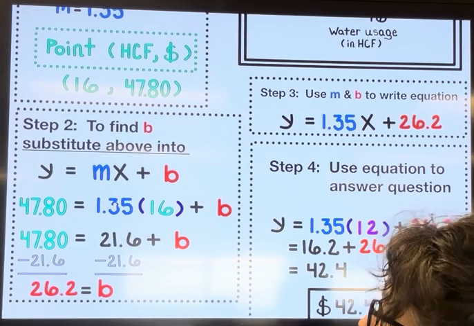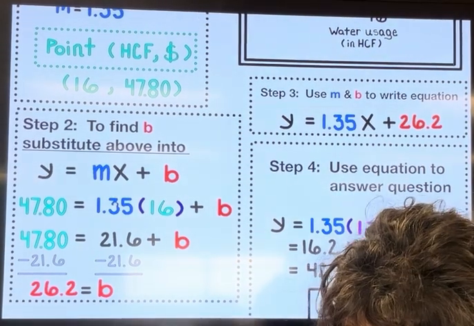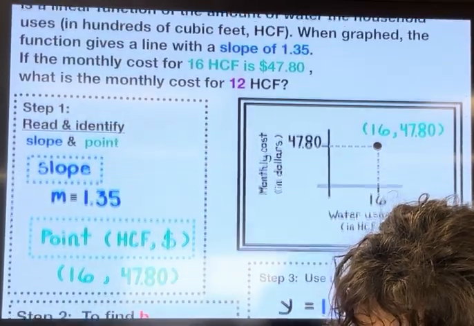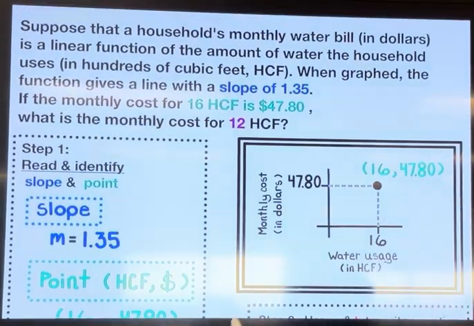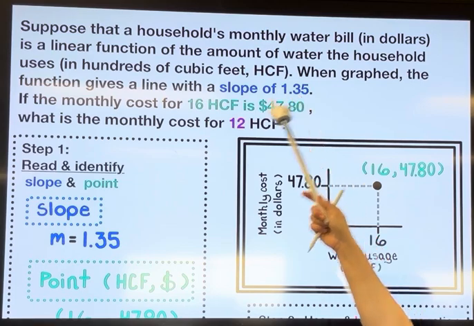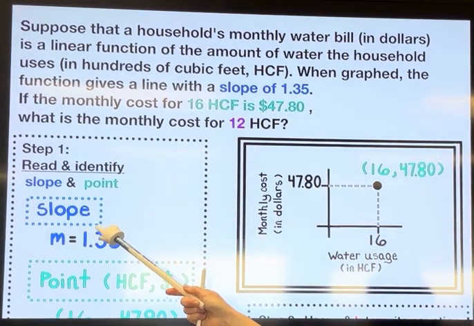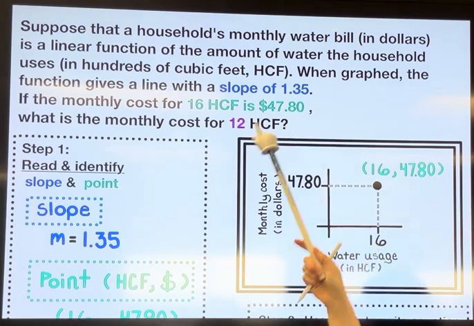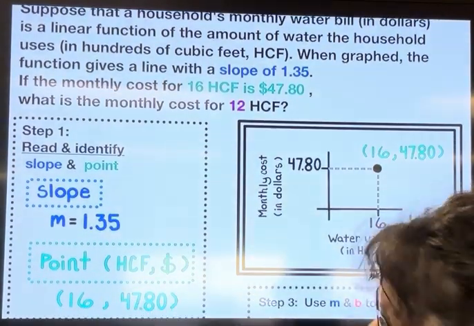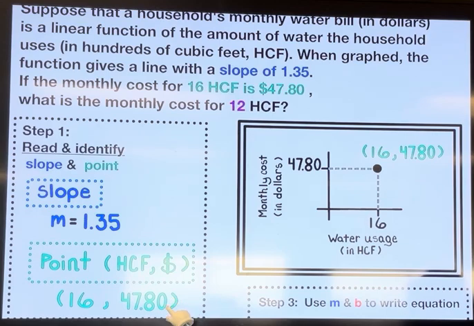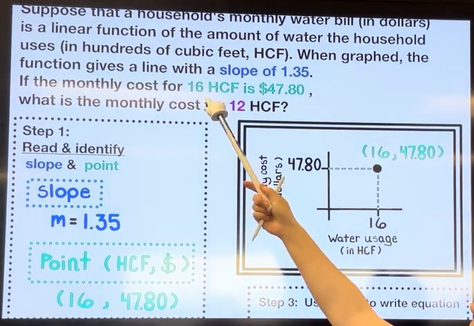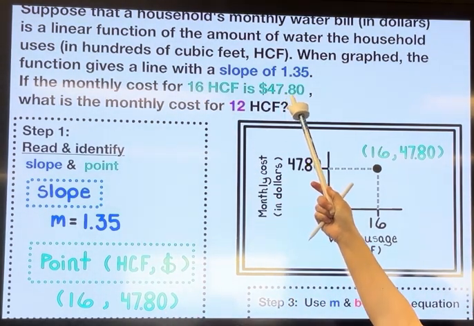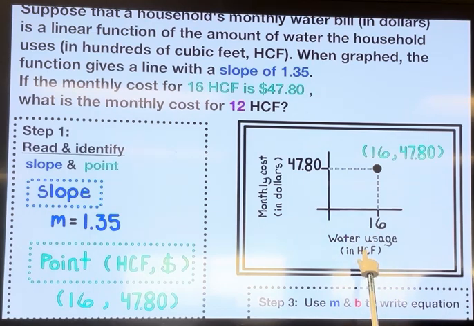So a quick recap. You want to read through the given information and write down what your slope is. And one of the sentences is going to give you a point. So you want to write down the point. And you know that the 16 comes before 47.80 because on the x-axis it's HCF and on the y-axis it's money.